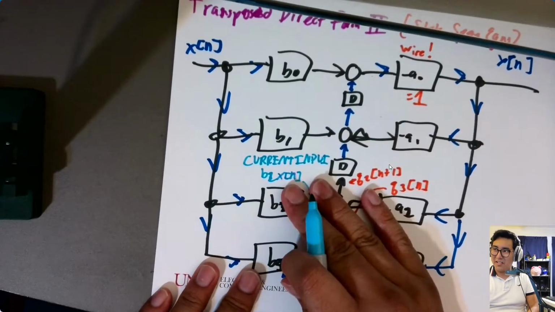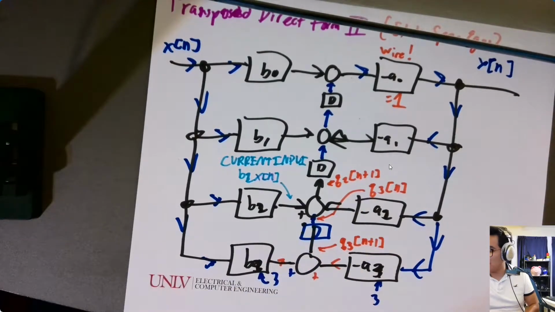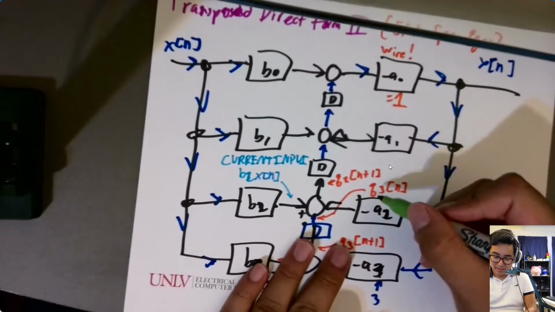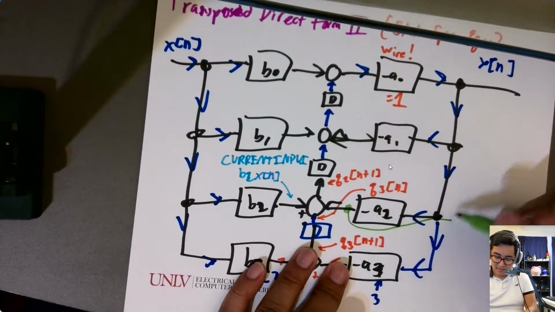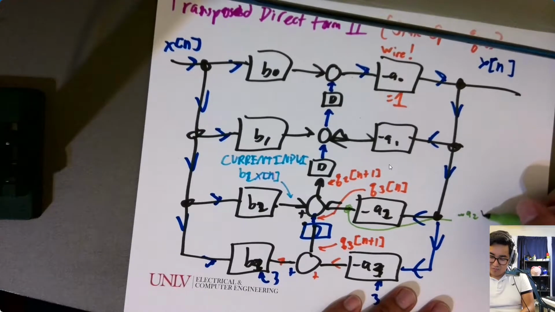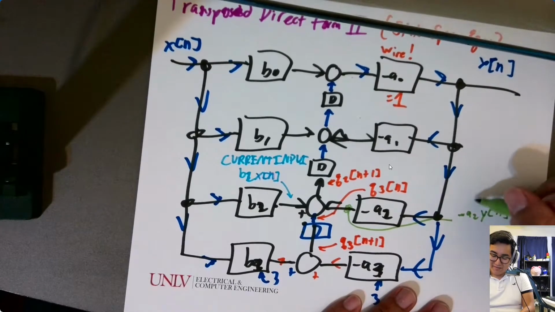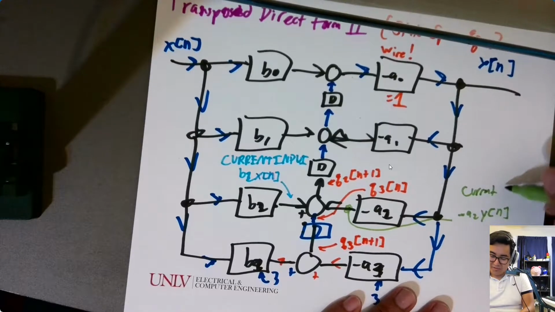Okay, it's a current input. And then let me grab a green marker. Let me just grab this node right here. And then minus a of 2 y of n, which is a current output.